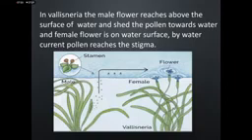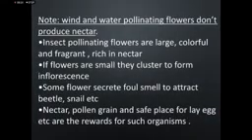That means the male flower sheds its pollen grains towards water, and due to water current they reach the exposed female flower present on the surface of water. Vallisneria is an aquatic angiosperm.